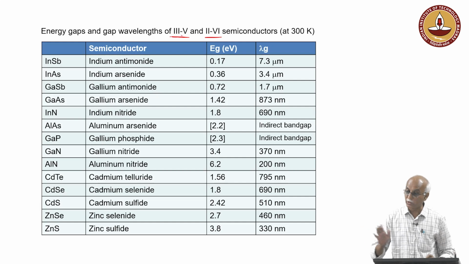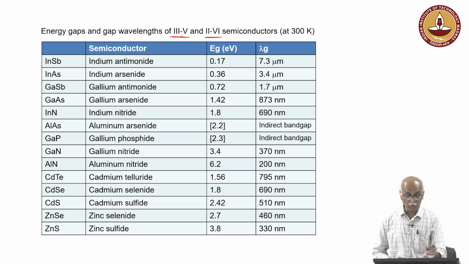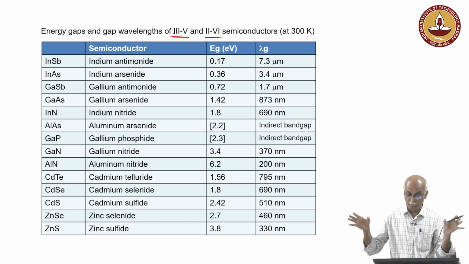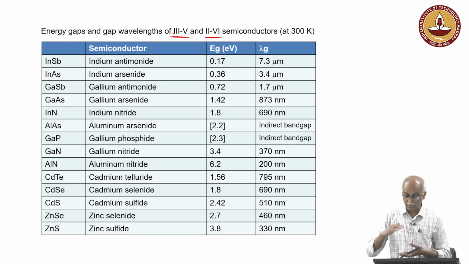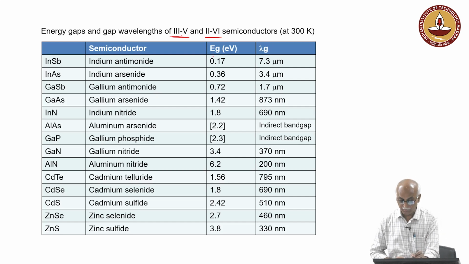Other than silicon and germanium, when we combine group 3-5 materials or group 2-6 materials, it results in a semiconductor material with a certain energy gap, and corresponding to the band gap of this semiconducting material, we get the output emissions at different wavelengths.